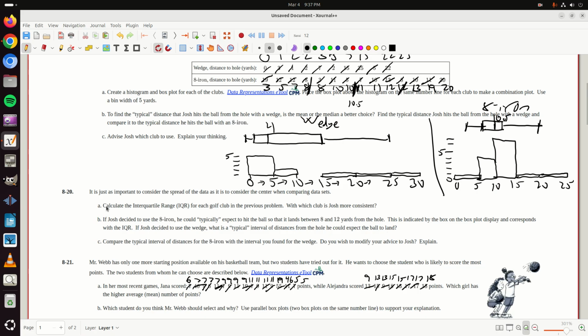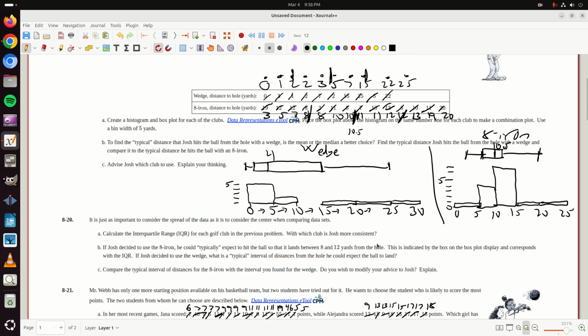So let's keep going. It says, it is just as important to consider the spread of the data as it is to consider the center when comparing data sets. So we only looked at the center here when we said the wedge was better. Calculate the interquartile range for each golf club in the previous problem. With which club is Josh more consistent?